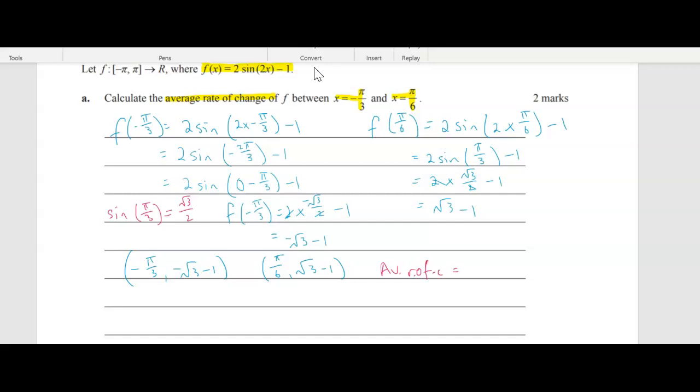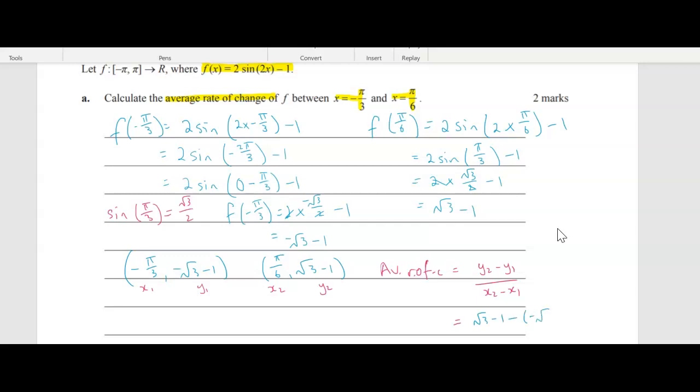So average rate of change is equal to y2 minus y1 over x2 minus x1. So you can call this x1, y1, x2, y2. And we just substitute that in. So y2 is root 3 minus 1. And then we're going to subtract.